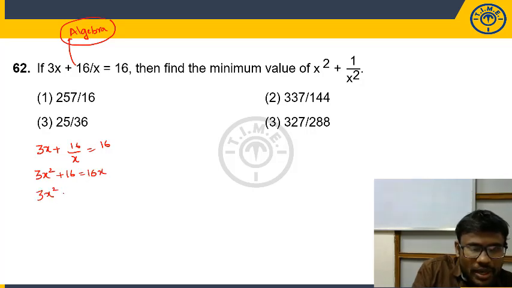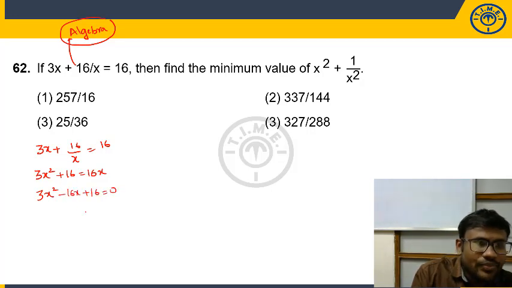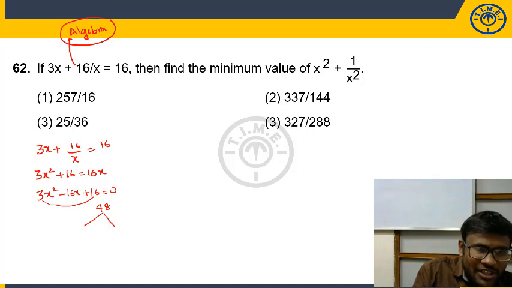So 3x square minus 16x plus 16 is equal to 0. We have to take the factors for 16 into 3, that is 48. What are the factors of 48? Minus 12 and minus 4. Why? Because minus 12 into minus 4 gives me plus 48 and minus 12 minus 4 gives me minus 16.